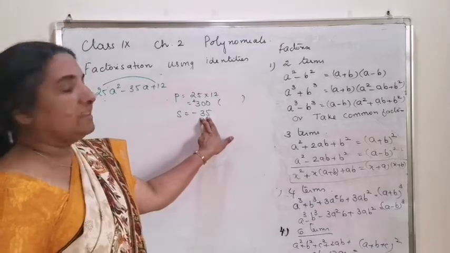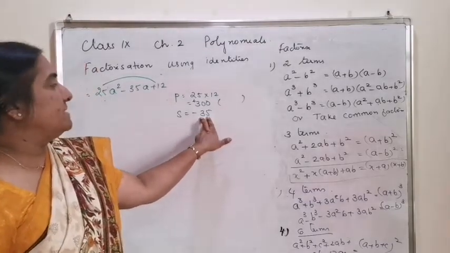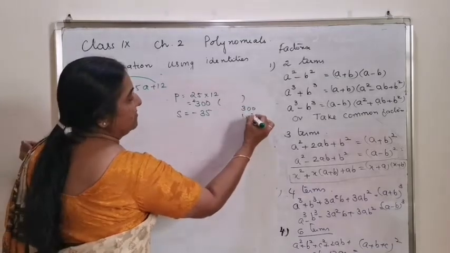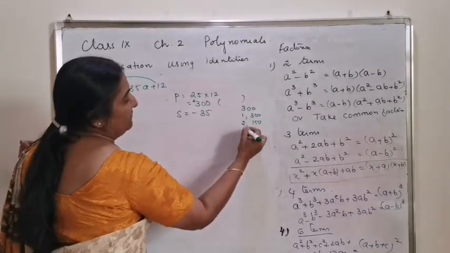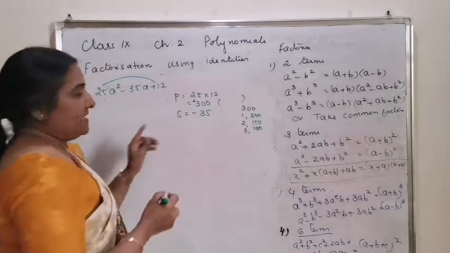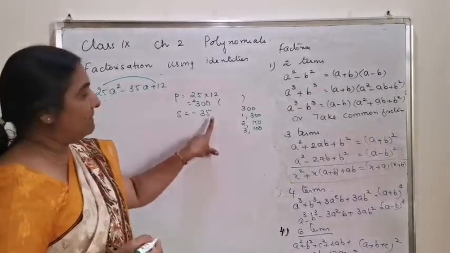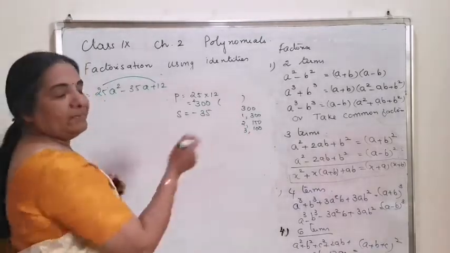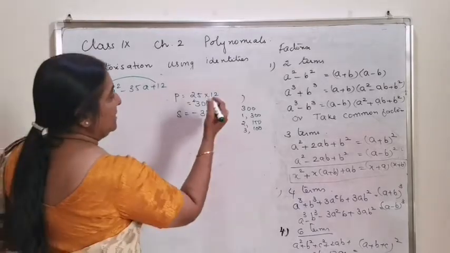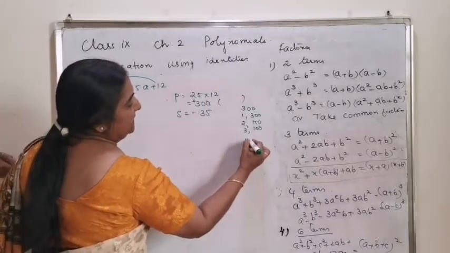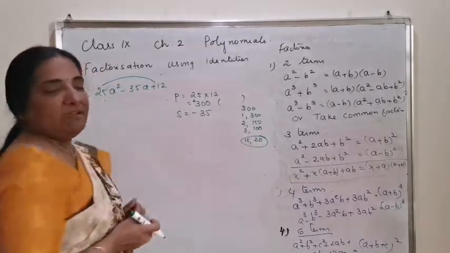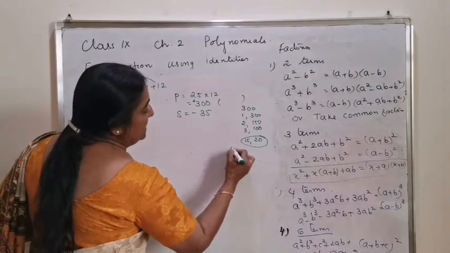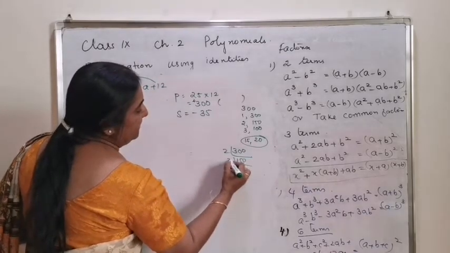For the factorization of 300, either it is 1 and 300, 2 and 150, and so on. Since the sum value is a slightly bigger number, we can avoid these factors and go ahead with a slightly bigger factor, and it's very clear that it is 15 and 20, because 15 into 20 gives you 300. Or another way is you can do factorization.